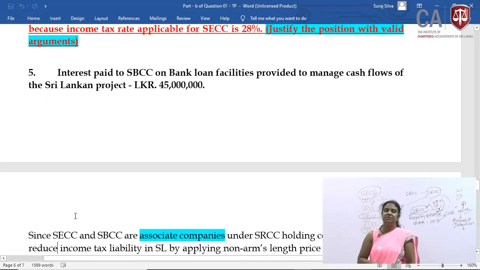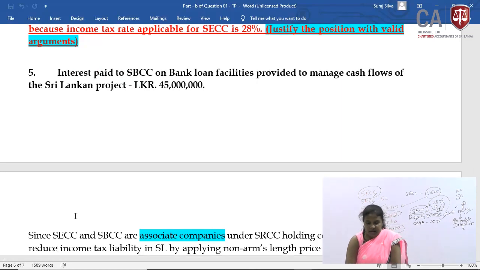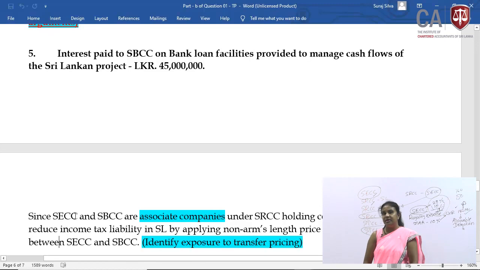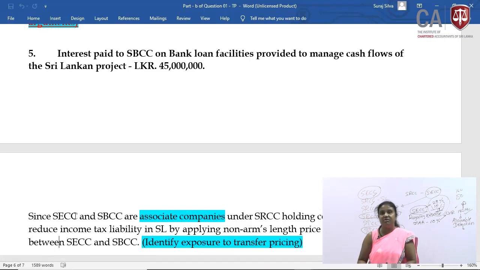Then the 5th transaction, interest paid to SBCC on bank loan facilities provided to manage cash flow of Sri Lanka project 45 million. They are providing a loan, bank has provided loan facility, then to cash flow of Sri Lankan project the 45 million. Now again the bank and the SCCC, they are associated companies.